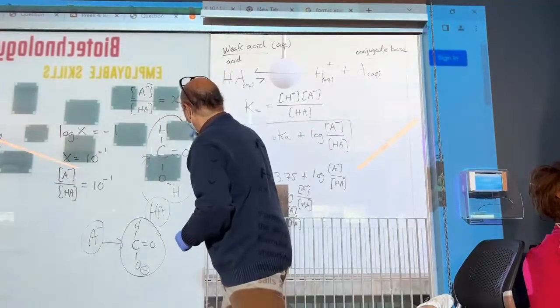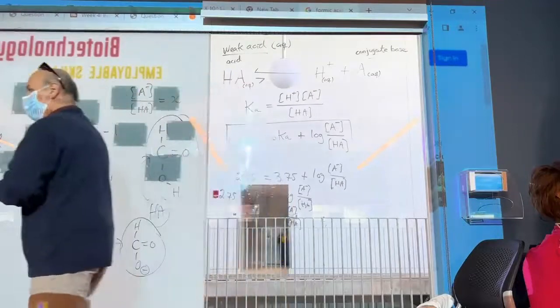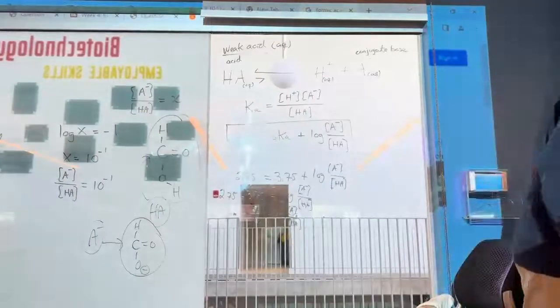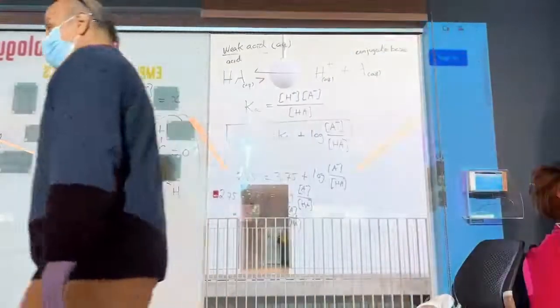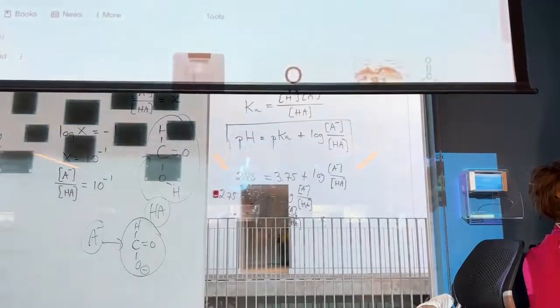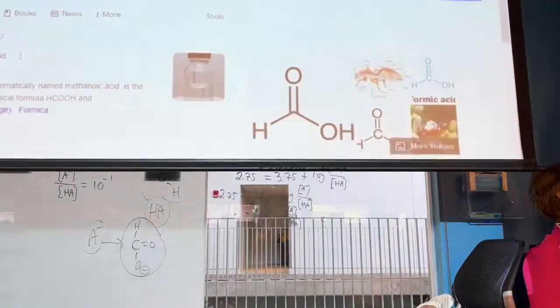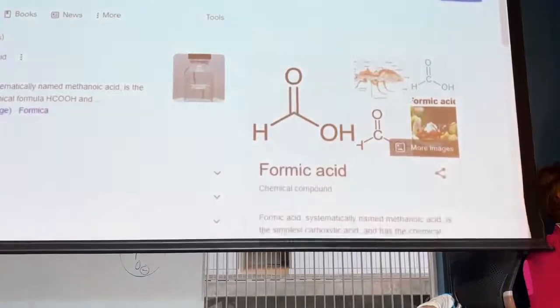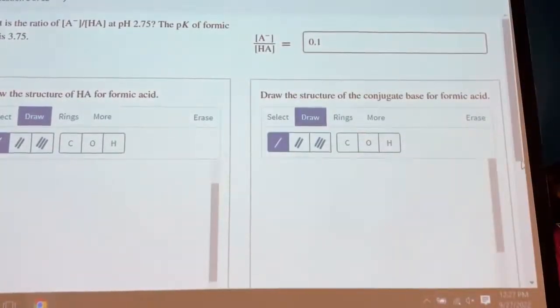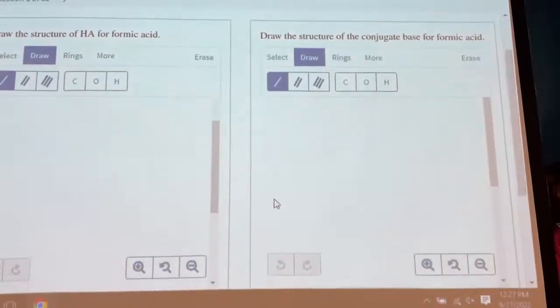This is the formic acid, which is what we're going to try to enter. And you guys are going to test me on this one because I'm not very good with these molecule drawing tools. It always takes me several attempts to get it right. So they want the HA, so let's see, carbon.